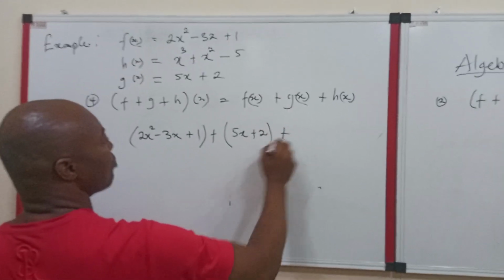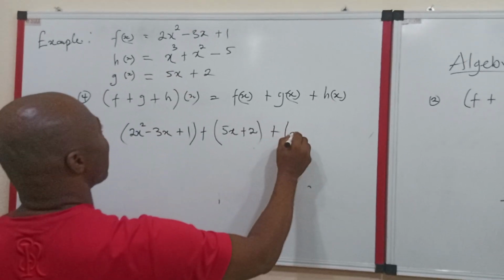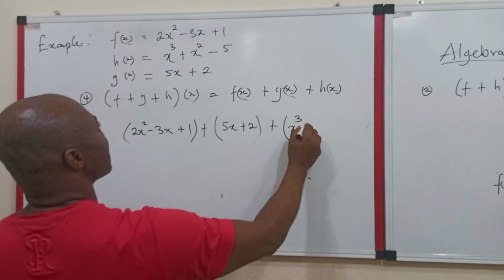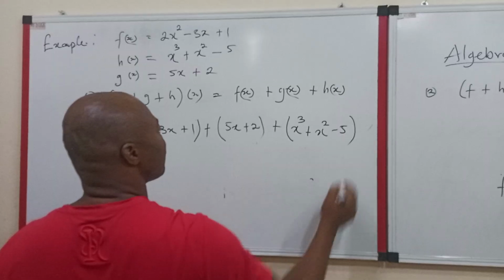Then we have plus h of x, which is this, where we have x raised to the power 3 plus x raised to the power 2 minus 5.